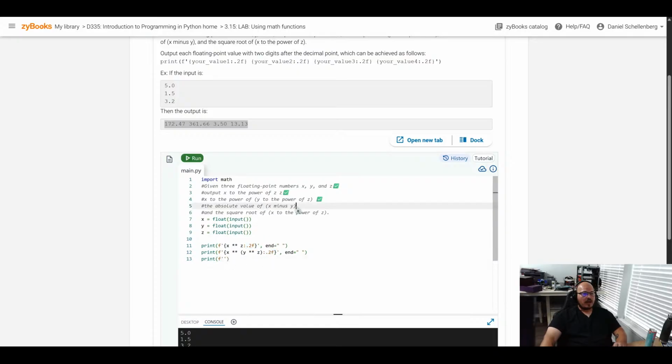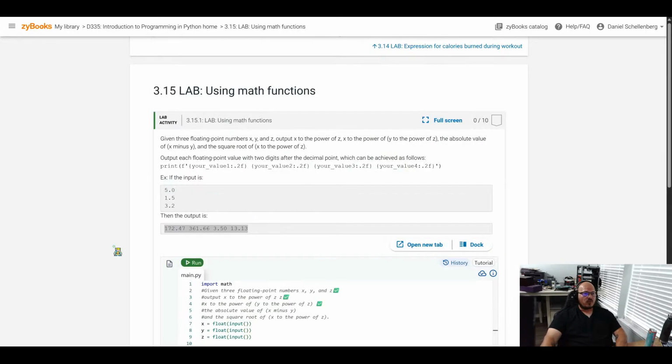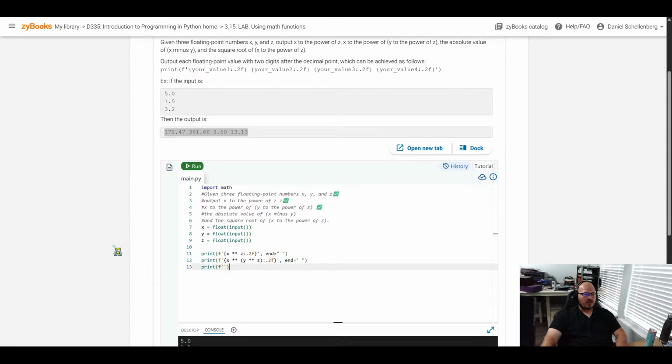So now I'm on the absolute value of x minus y. I was going to show you a screenshot of a reminder of what the function was for finding absolute value. Well, to find it, we have to use fabs. So it says the absolute value, so fabs, the absolute value of x minus y, okay?